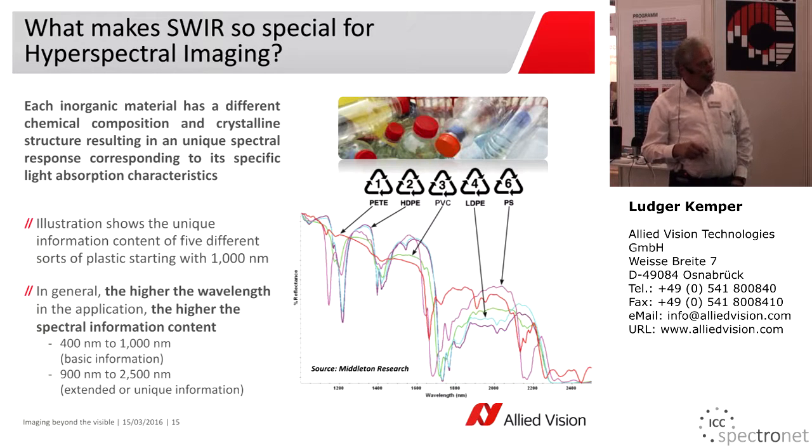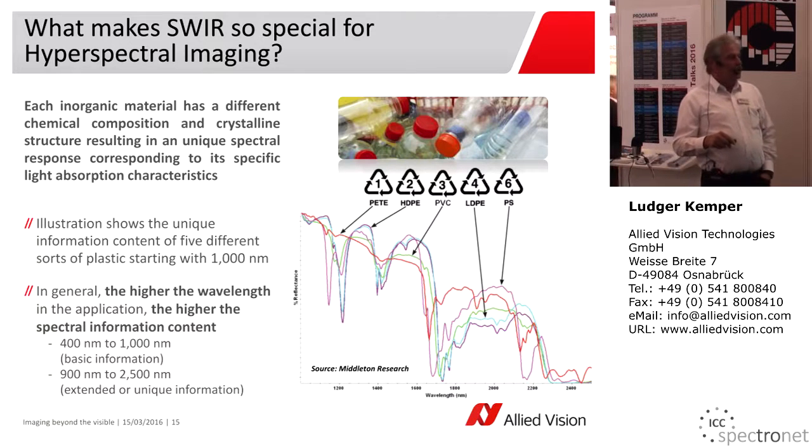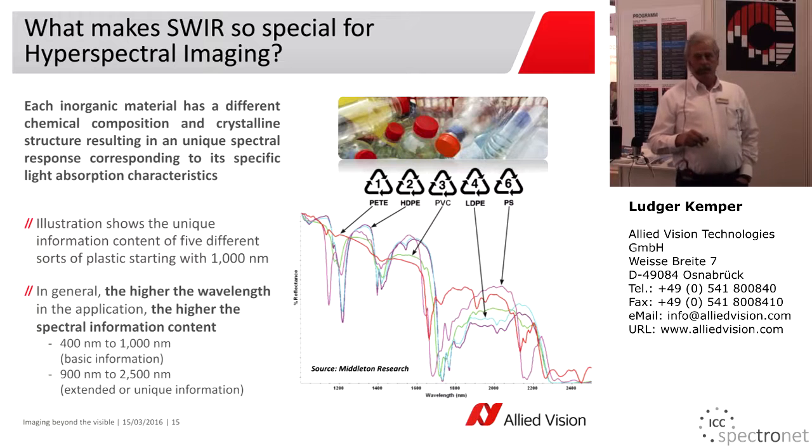On the other hand, the higher the wavelength, the better the characteristics of the material. You see it also here in the range from 1,700 to 2,500 nanometers, where you have more characteristics. But normally in this range the sensors themselves are much more expensive.